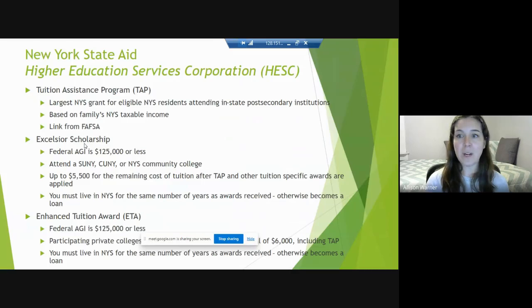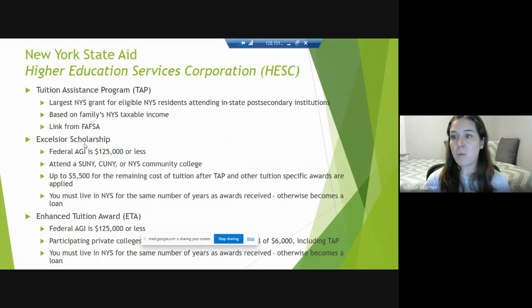Now, beyond federal aid, if you're an eligible New York State resident attending a New York State school, here are some state grants that you might be eligible for. You might hear it as HESC, also known as Higher Education Services Corporation. That's New York State's Department of Education, essentially. The largest New York State grant that a student could potentially be eligible for is TAP, or Tuition Assistance Program.